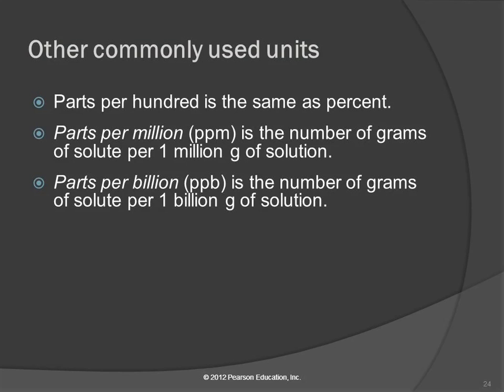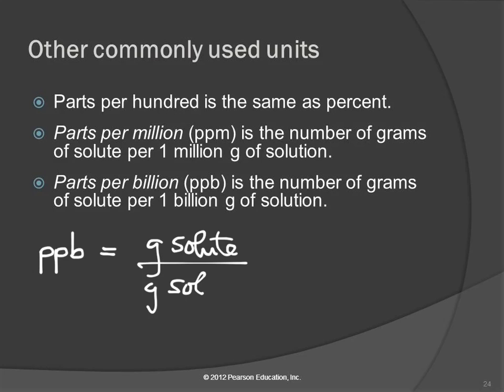So how would you calculate parts per billion? Well, same pattern as percent, which is parts per 100. So parts per billion would equal the grams of solute divided by the grams of solution. That's a common chemist abbreviation for solution.